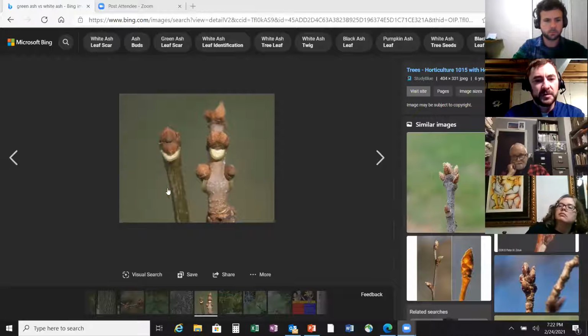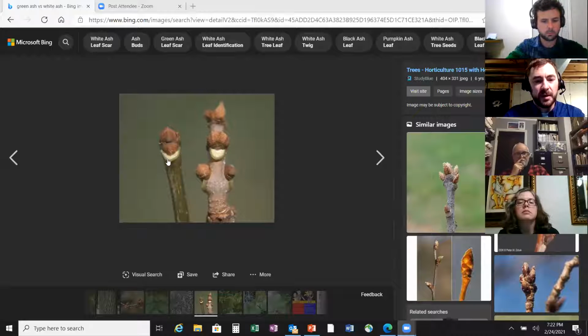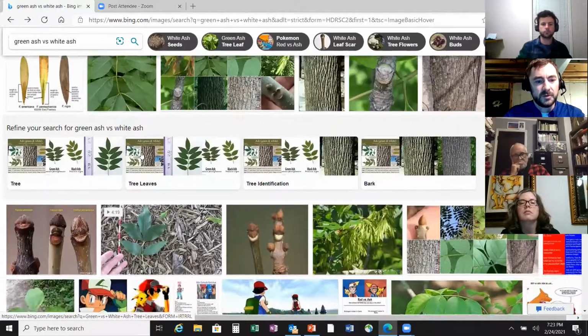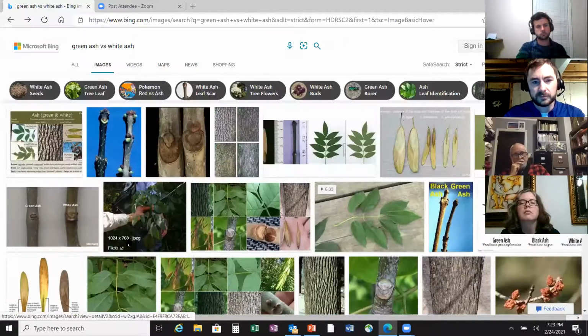Okay, so what we're seeing here is, as I was describing, your green ash has that very distinct crescent shape, and white ash will have that more D-shape leaf scar, and that can be confused a lot, because if I back out here and show you just the two trees, it's like, oh, well, they do look kind of similar here.